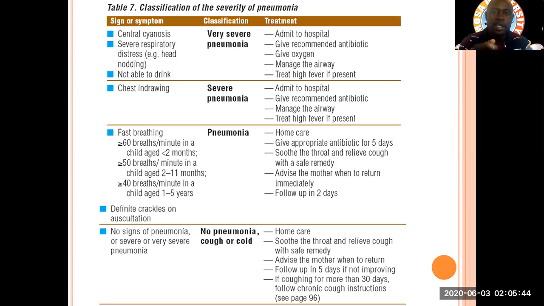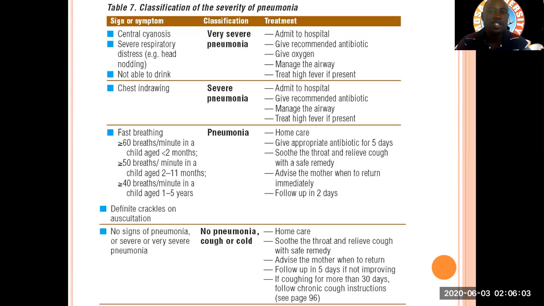Okay, so there is a table there on the criteria for admission. If you look at the sign or symptom there, central cyanosis, we know that this is very severe pneumonia, and what we do is admit to hospital.